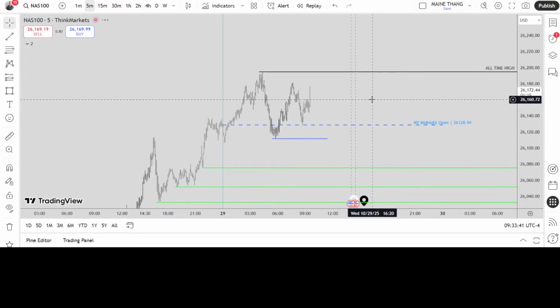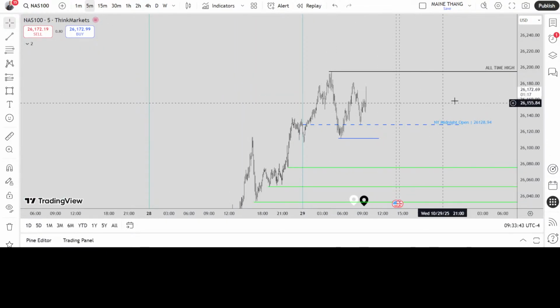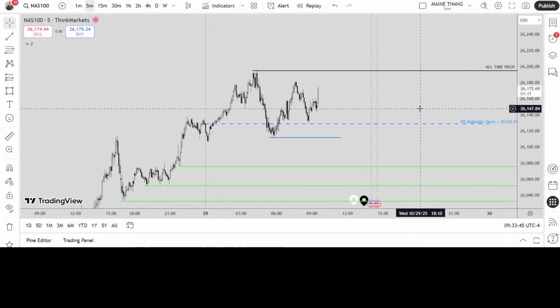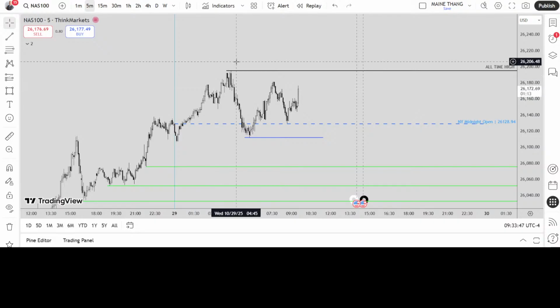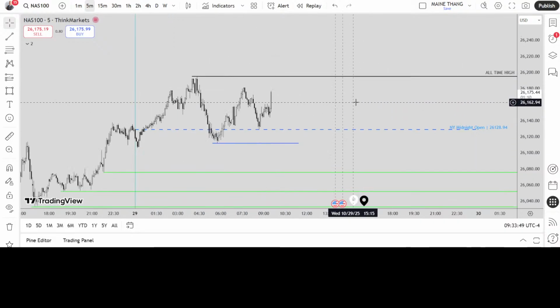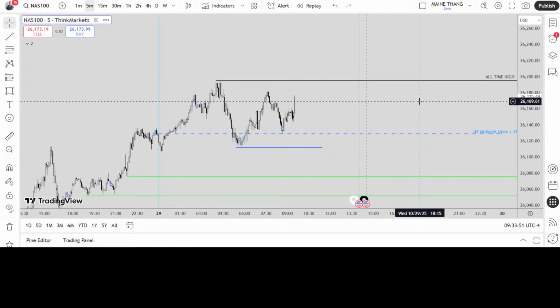Zoom out. See, it's kind of going sideways a little bit. Made a new high, made a new higher low. Oh yeah.